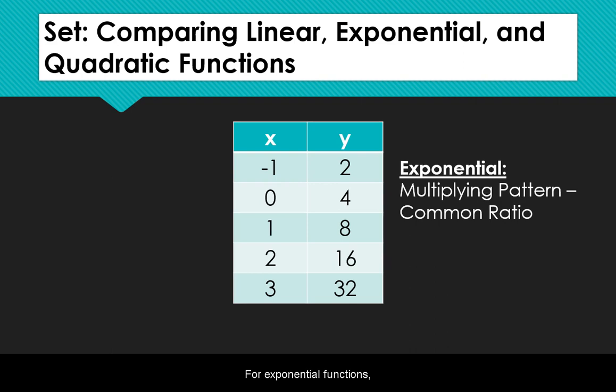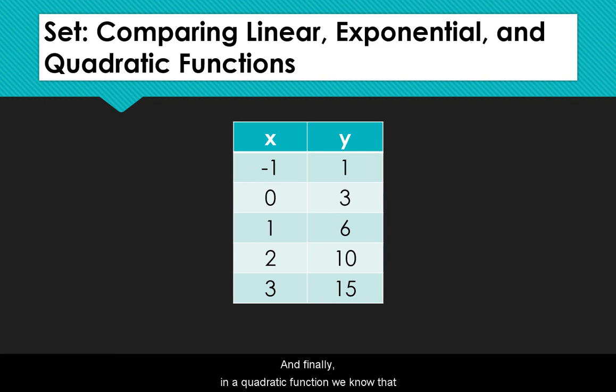For exponential functions, they have a multiplying pattern or a common ratio. So in this case, each of our x values is increasing by 1, and each of our y values is doubling. So we're multiplying by 2. The common ratio is 2.